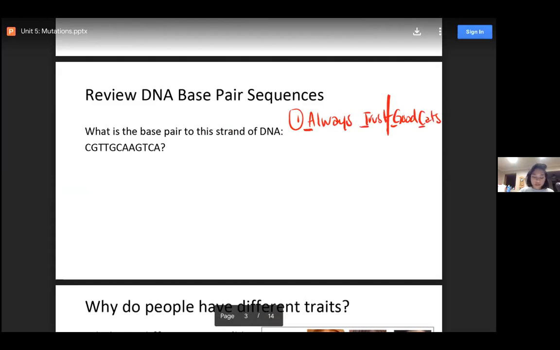Just to check, it would be G, C, A, C, G, T, T, C, A, G, T. How I know that is because adenine matches up with thymine and guanine matches up with cytosine. Hopefully you got that right and checked your work.